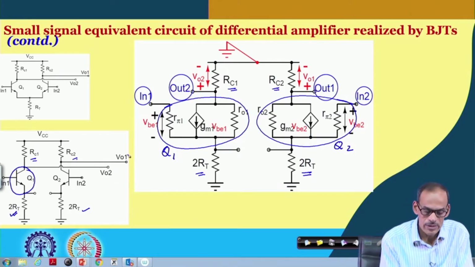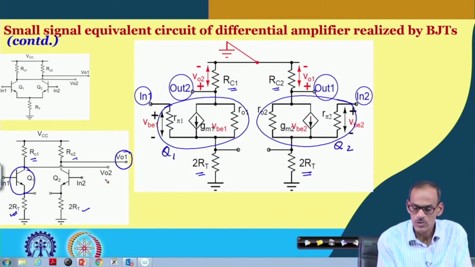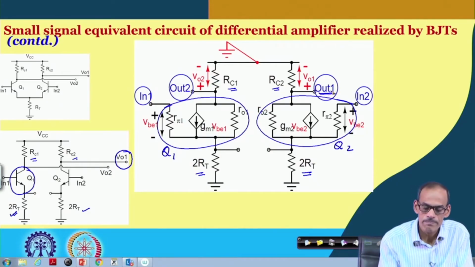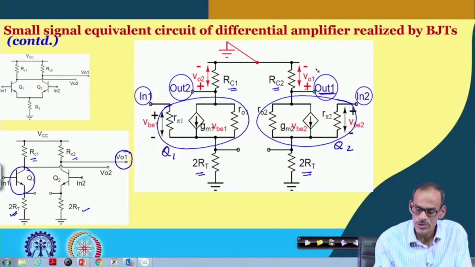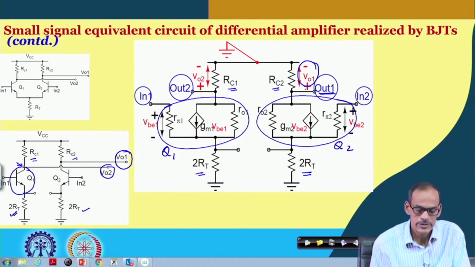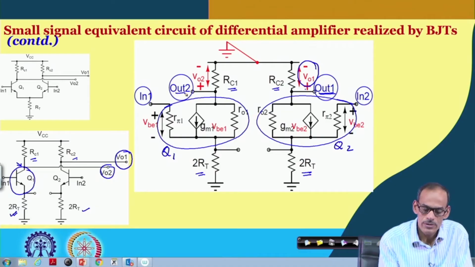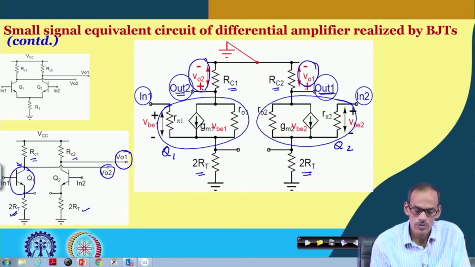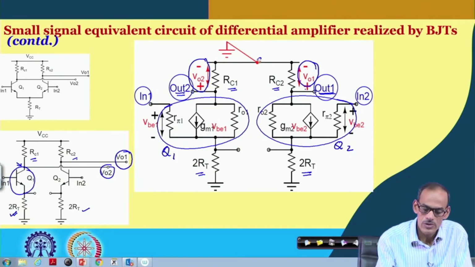As I said, this side we like to call V out 1, output 1, and the voltage here is VO1. On the other hand, the voltage at this node at the collector of transistor 1 we call out 2, and the voltage here is VO2. Note that this node is AC ground.